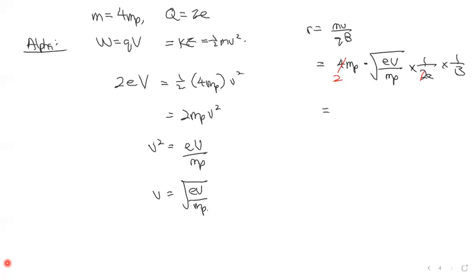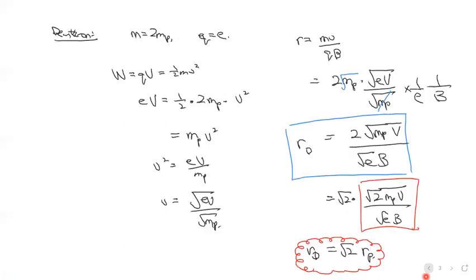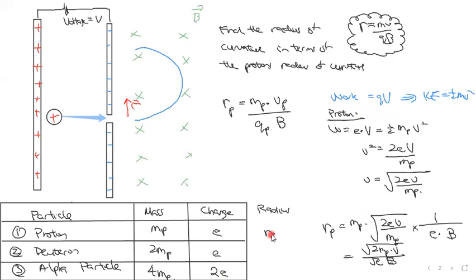You will get 2 times square root m_p square root V all over square root e times B, which is exactly the same as the radius of the deuteron, which of course is root 2 times the radius of the proton. So there we have it. We then can basically say that in this scenario, if you have a particular radius there, this will be root 2 times that radius. This will also be root 2 times that radius.